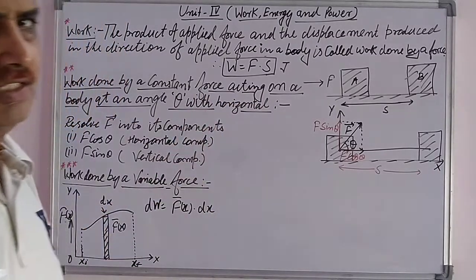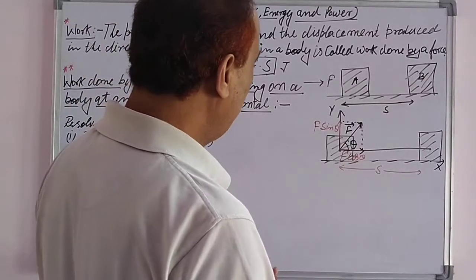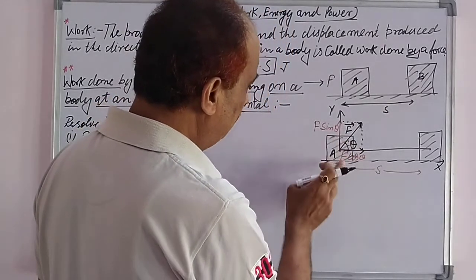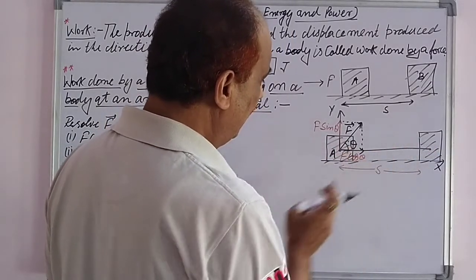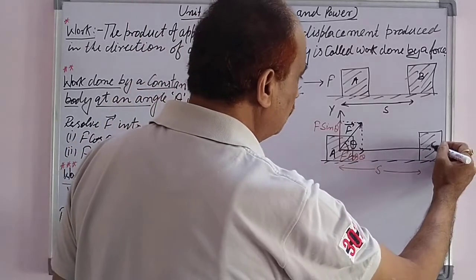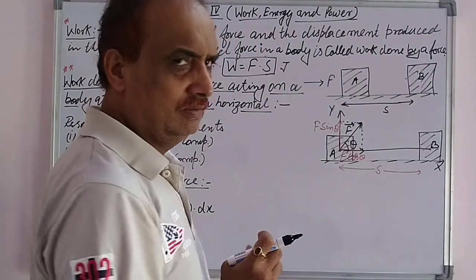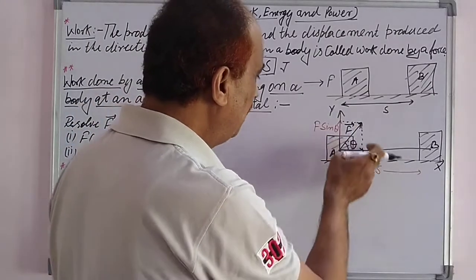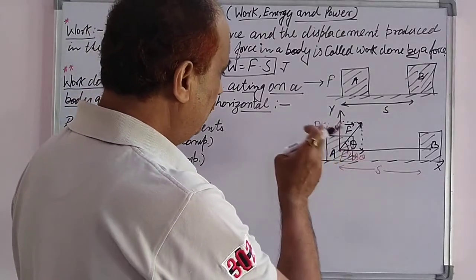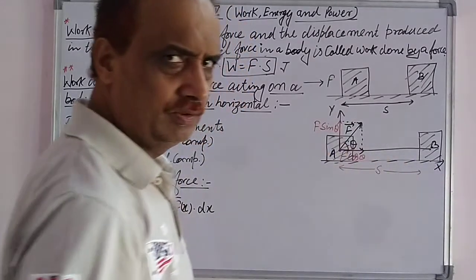To discuss that, we have to consider a body that is placed at a point A, and a force F is acting by making some angle theta with the horizontal direction X, and the body is displaced from the point A to the point B through a displacement X. In that situation, when the force is making some angle theta with the horizontal direction, the direct product of the force and the displacement cannot be found.